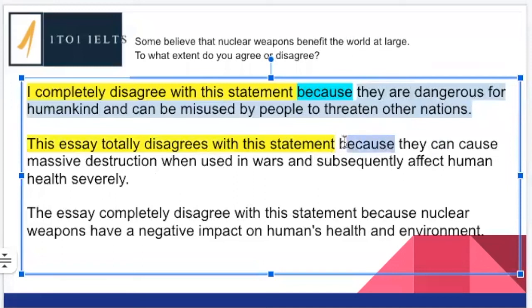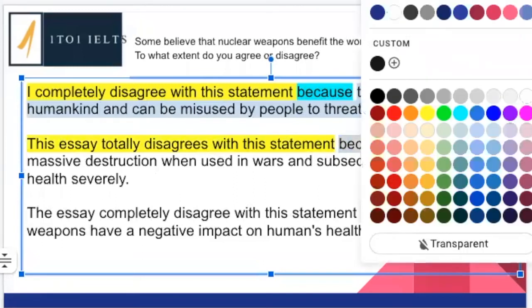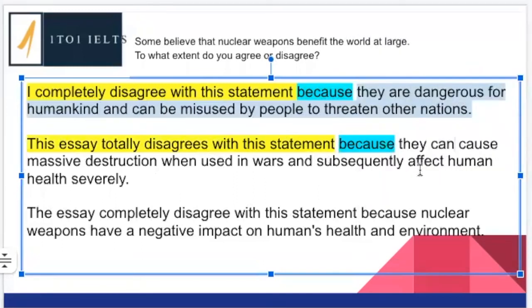We're going to give because, we're going to give our reasons. They can cause massive destruction when used in wars. Okay, good. We've got a clause here, and subsequently affect human health severely. Again, nicely written. This adverb of manner will be a little bit more natural to be before your main verb.